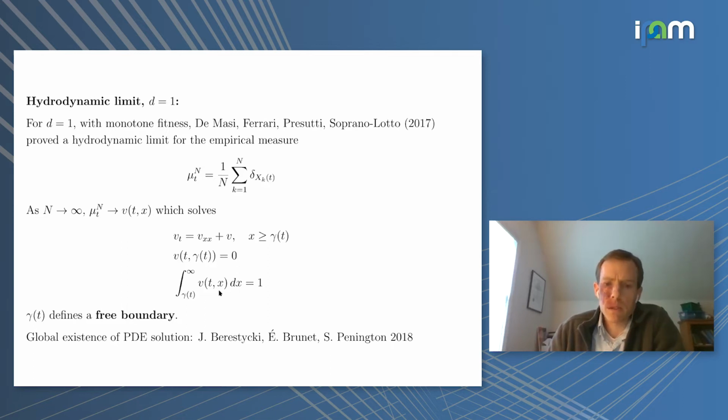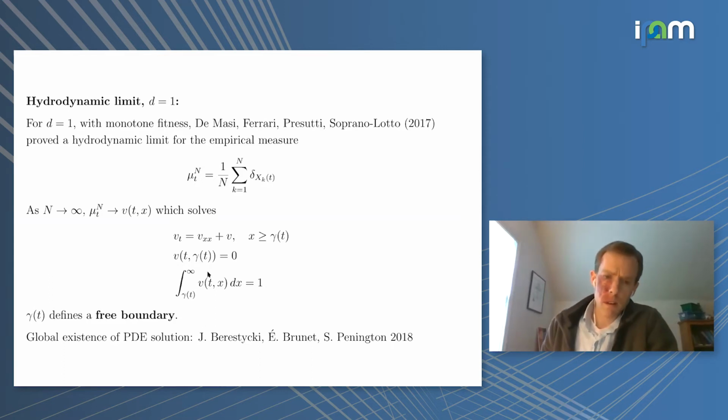There's also an integral constraint, which is natural because the measure mu is a probability measure for each n, and V also has total integral 1. Although this PDE is linear, the whole problem is nonlinear because of the coupling of V with the boundary through this integral constraint.